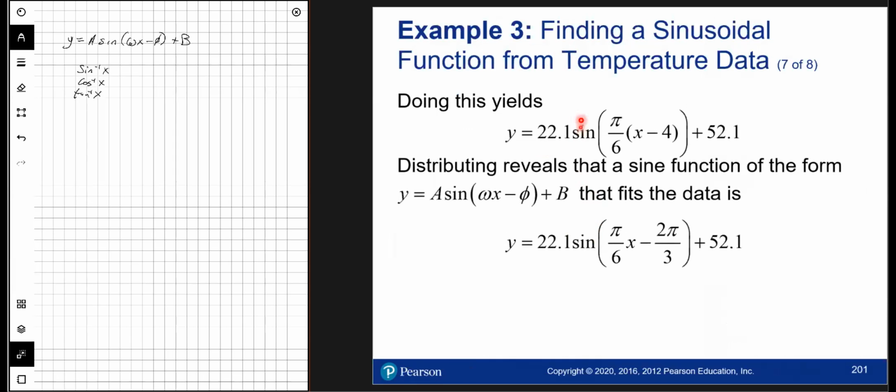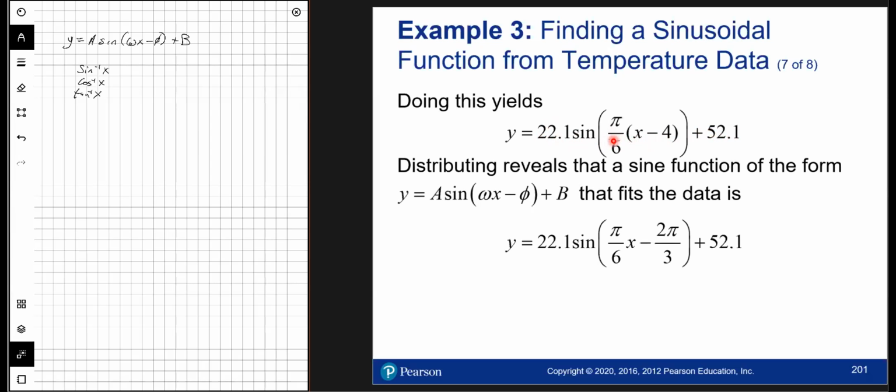So this would be the vertical stretch, and this would be the vertical shift. So we're shifting up 52 units, and we're stretching by multiplying by 22 units. We're changing x by subtracting 4, so we're shifting the graph to the right 4 units.